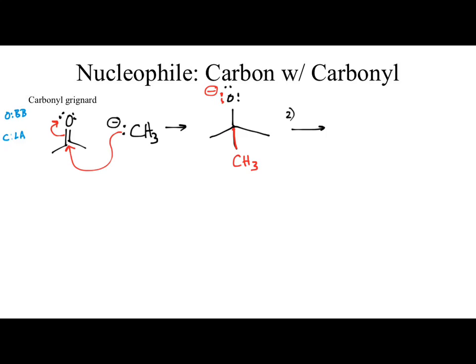What's reactive about our oxide? Negative charge on the oxygen. How do I stabilize that negative charge on the oxygen? Positive. What's an easy positive that I could potentially supply? Hydrogen ions. So step 2 of our reaction, you'll usually see it written as H3O+.